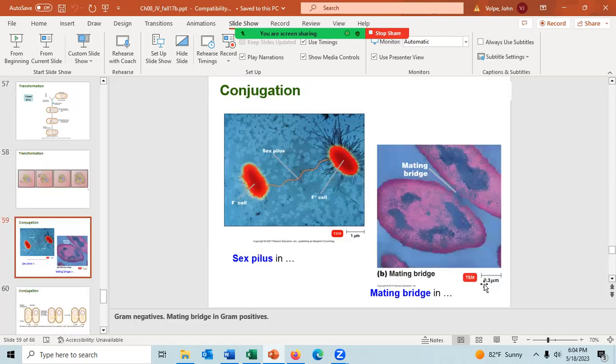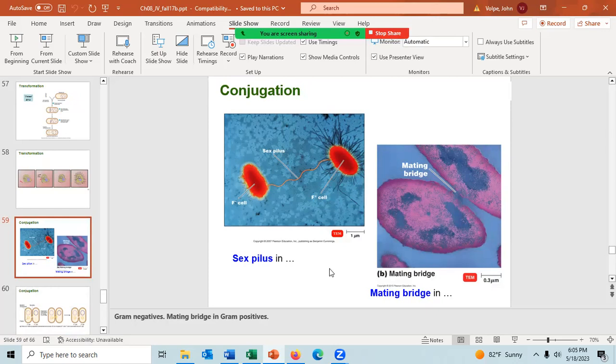All right. The second way that cells can have horizontal gene transfer is by conjugation. Conjugation happens in 2 different ways in gram-negative cells and gram-positive cells. Gram-negative cells are the main way we'll talk about.